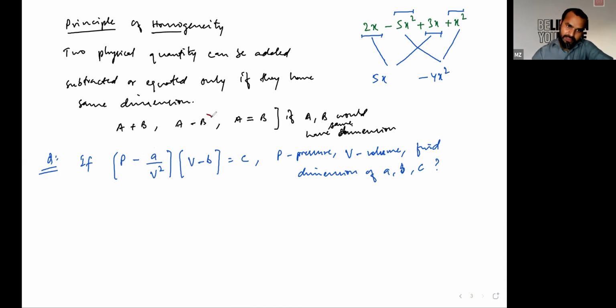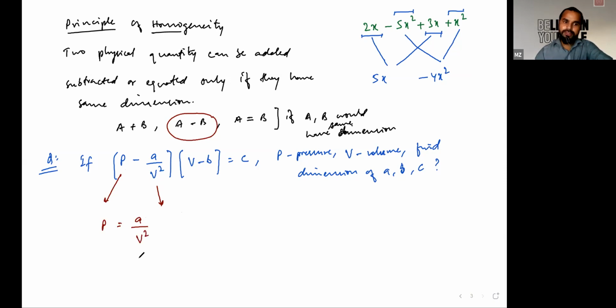By this concept, two physical quantities can be subtracted only if they have the same dimension, according to the principle of homogeneity. Is it clear? Yes, sir. So we can say this term and this term have the same dimension, so just equate them.